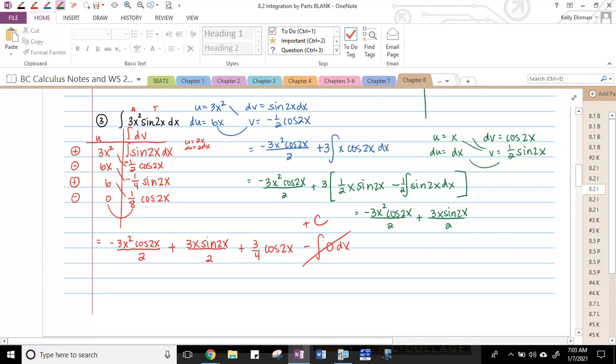Where am I? So minus, oh wait, actually, hold on. Before I get ahead of myself with the signs, the integral of sine is negative cosine. So even though I have a minus 3/2 right here, it's going to get multiplied by another negative 1/2 when you get the cosine of 2x to come out.